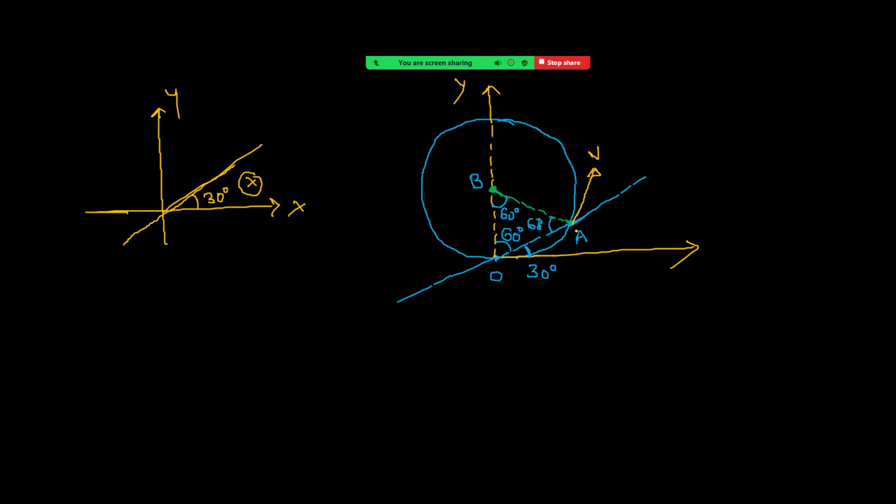Now draw one line parallel to x-axis. Now we can see, since this angle is 60, this total angle is now 60. See carefully. This line, OB line, is normal to x-axis. Okay. And this line is normal to velocity.